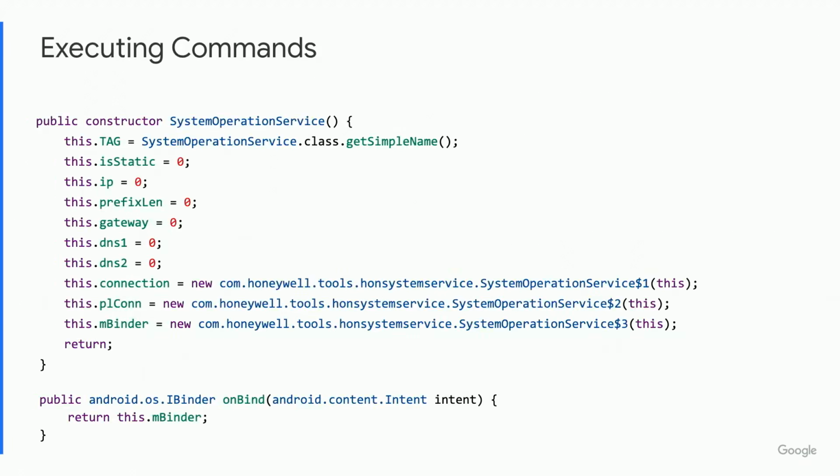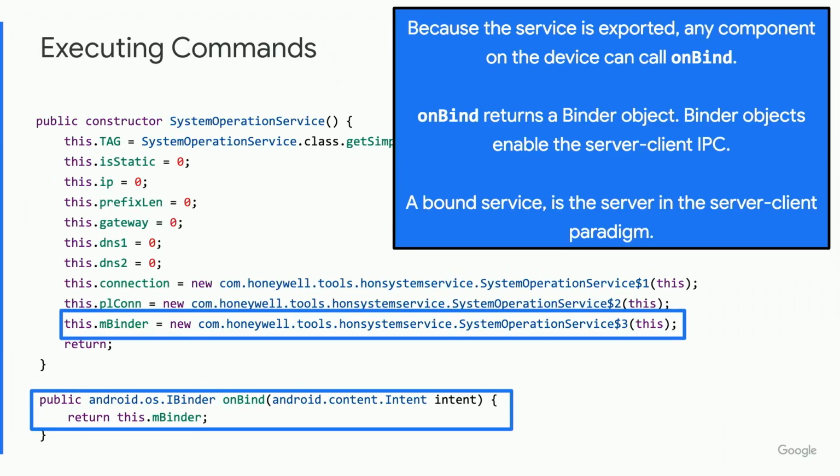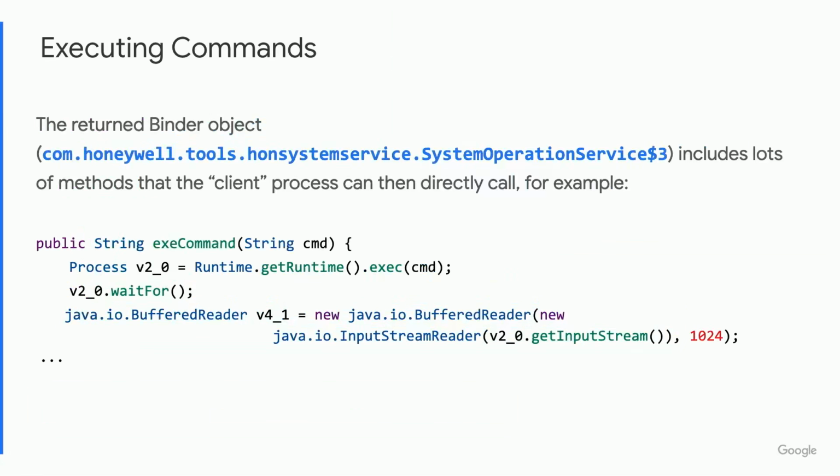So if we take a look at what that service looks like, the key is that they have set a binder. In Android, binder is one of the IPC mechanisms, inter-process communications, and it's kind of like a server-client paradigm. So this means that any component on the device can call onBind and receive back this binder object.